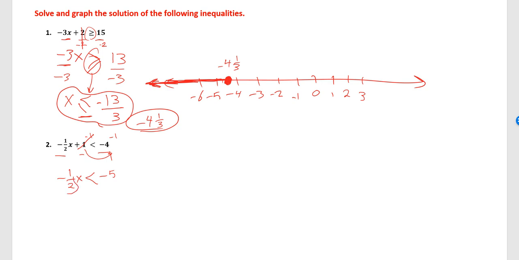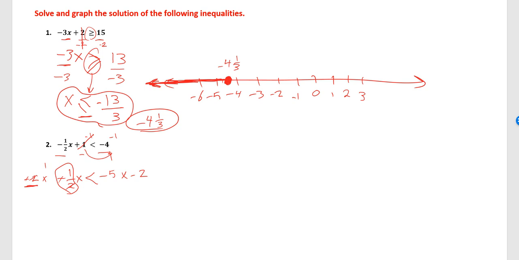I want to get rid of this from this side, so I'm going to multiply by minus 2, right? Because the minus times the minus gives me plus. And then the 2 and the 2 down here cancel out, and they give me 1, right? But then, since I multiply by minus 2 here, I have to multiply this by minus 2, right?